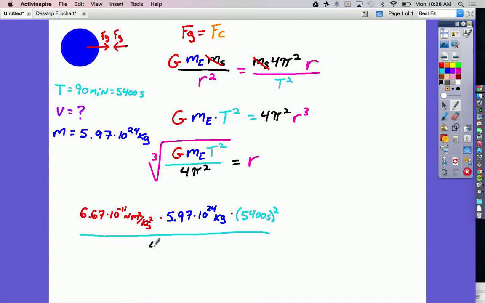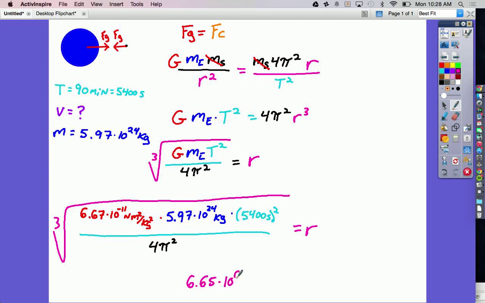That's all divided by 4 pi squared. And now we have to do our cube root of all of that stuff to get r. And when we plug all that into our calculator, we get that the radius should be 6.65 times 10 to the 6th meters.